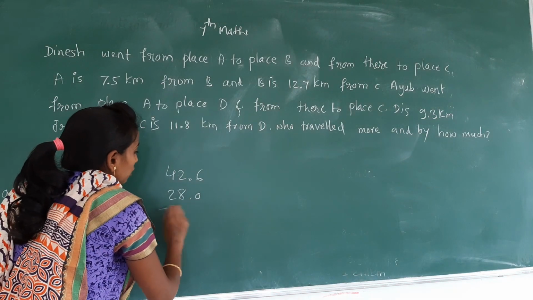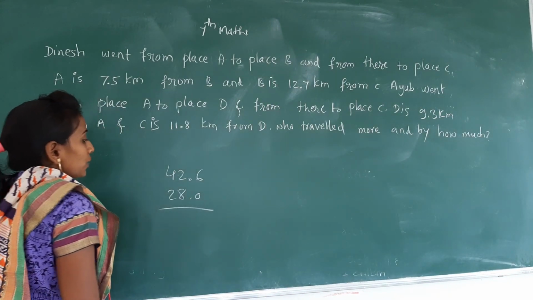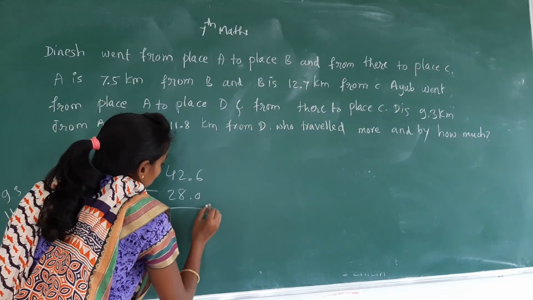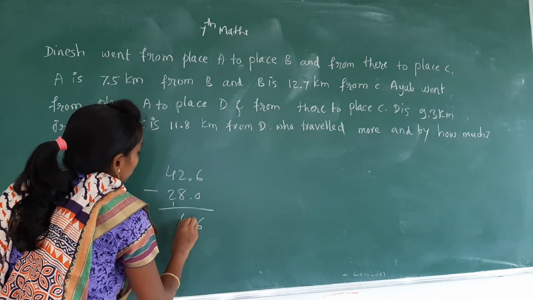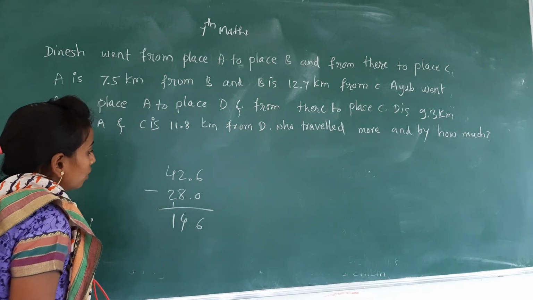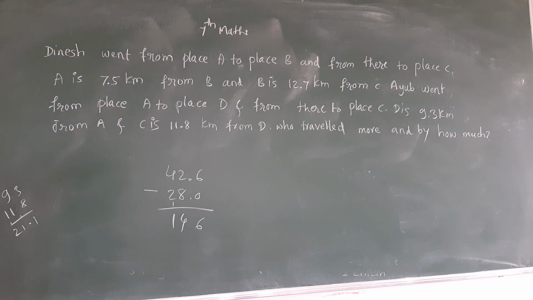Now subtract 28 kilometers from 42.6, that is 14.6 kilometers is the difference. This means 28 kilometers is less by 14.6 from 42.6.